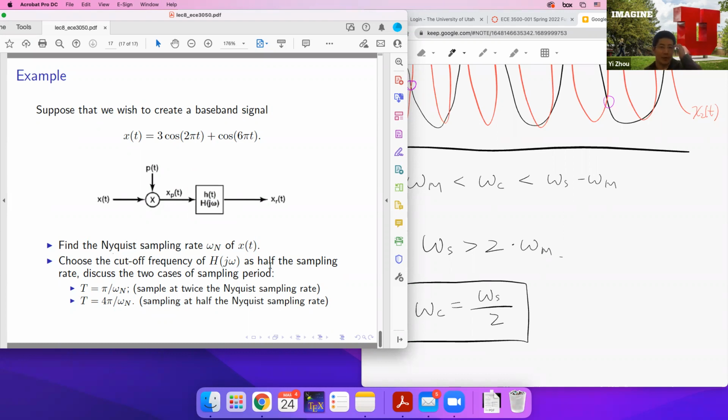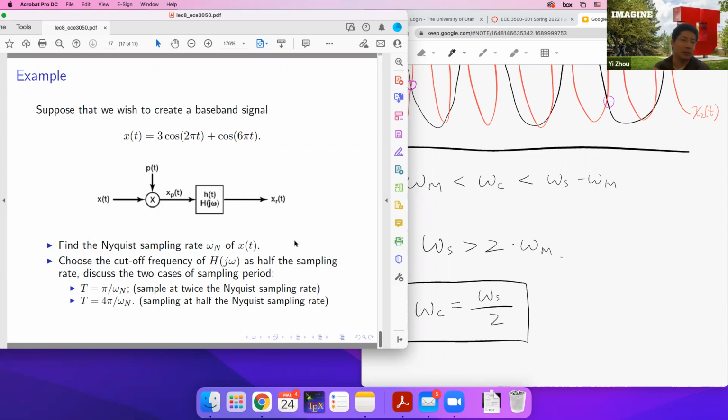I think the question is, what will we get in these two cases on the output side? We don't have enough time to go over this one, so I think we will leave it to the next lecture.